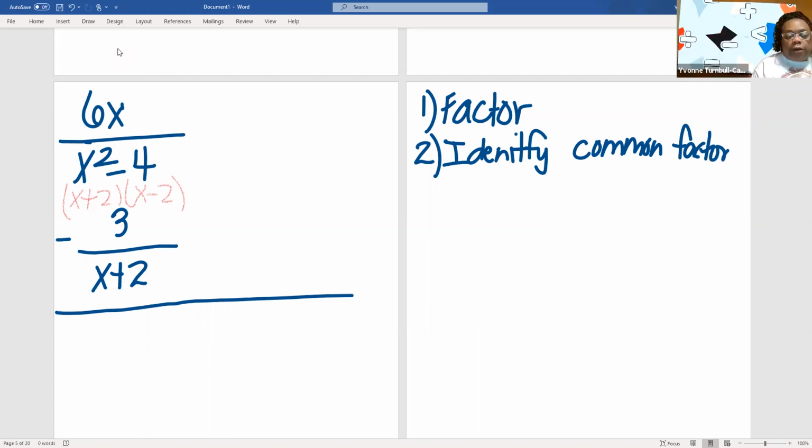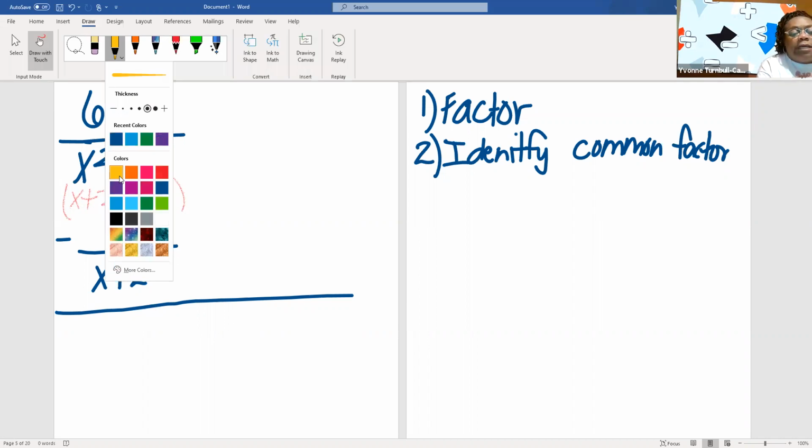So here again, we're looking at what's in red because we're not paying attention to this one anymore because that can't help us the way it was. So we made it where it's identifiable and it can help us get our LCD. So looking at this denominator in red and the denominator of the bottom rational expression, what do they have in common? And I see, said the blind man. I'm sorry, I had to throw that in there. What they have in common to me is x plus 2.